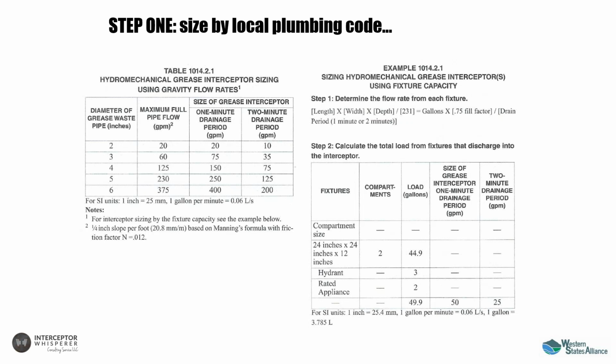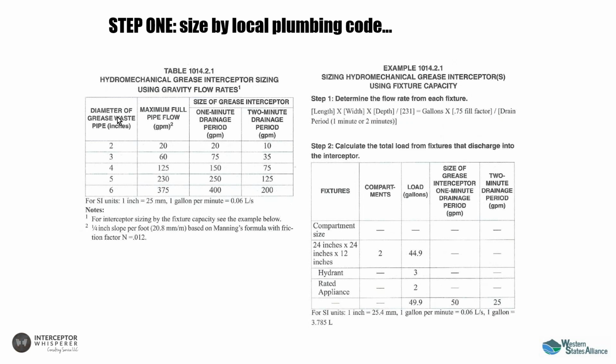So hydromechanicals are always sized according to the flow rate entering the device. Gravity grease interceptors are sized according to the liquid volume associated with that flow rate to give a retention time. All of the modern sizing for gravity uses a 30-minute retention time, and of course hydromechanicals are just based on flow rate alone. And so we recommend a two-step sizing methodology.